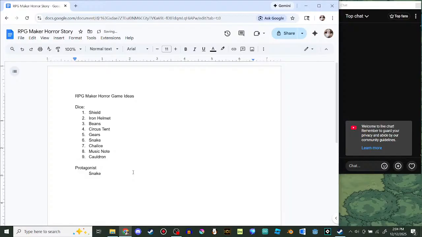Snake. What would a snake want? I don't want to make it too complicated. I'm not going to make Fear and Hunger or anything. Just a linear puzzle adventure starring a snake.